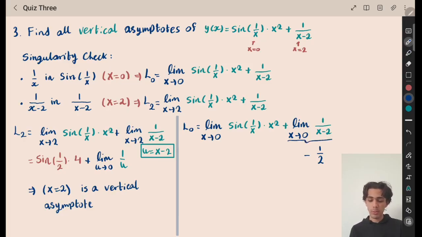But what about the first limit? The first limit is actually quite something. Let's say I call it L. So this means that L0 will be equal to L minus half.